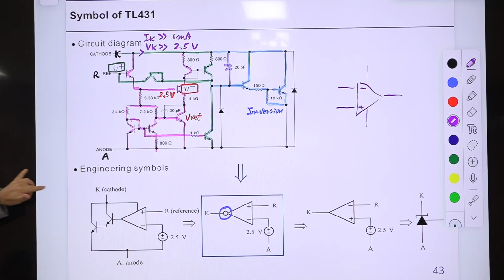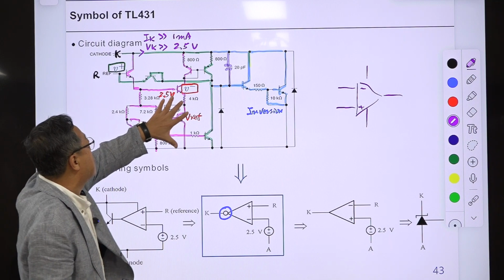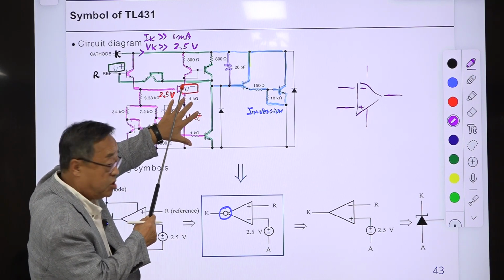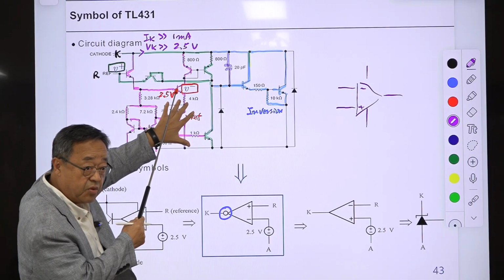So you can assume a voltage source is internally connected to this inverting terminal.